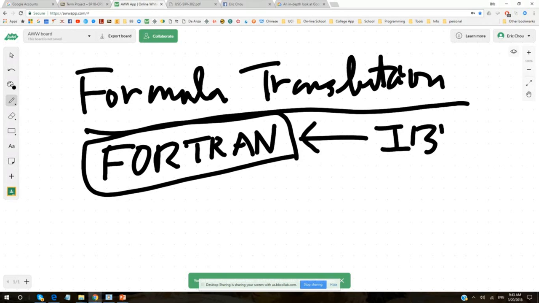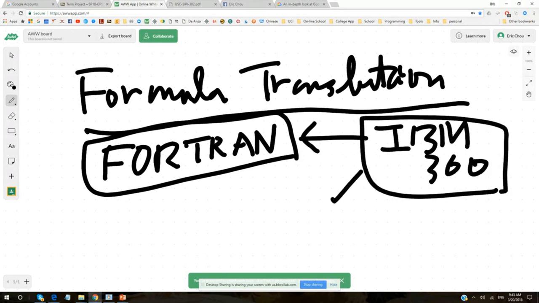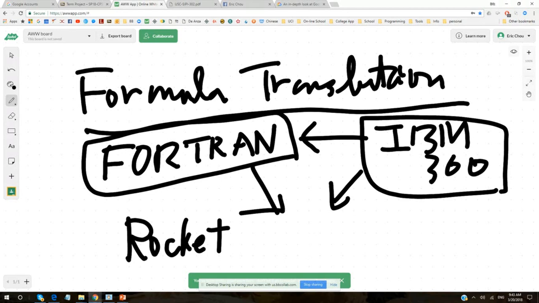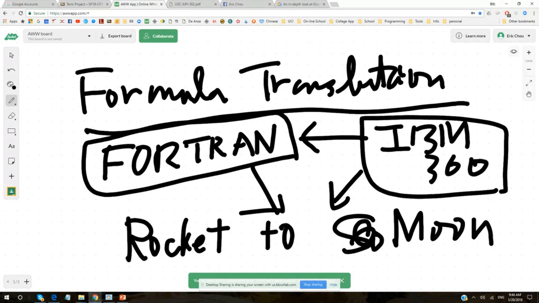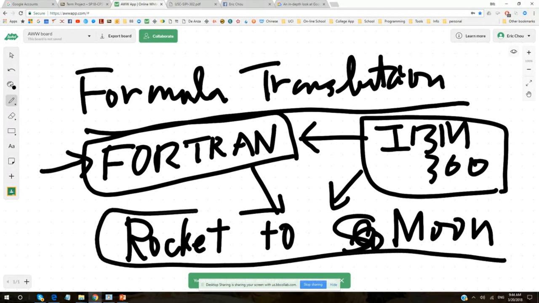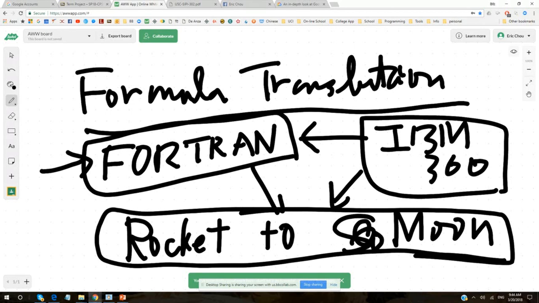With the IBM 360 machine, these two things achieved something very important in human history. In combination, they helped us send a rocket to the moon. So if you don't like the Fortran language and feel that it's so buggy, it actually achieved this in human history.